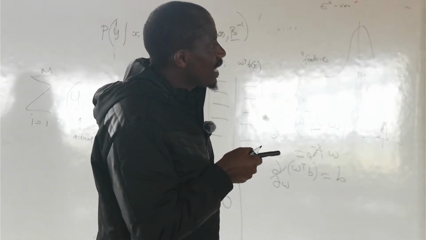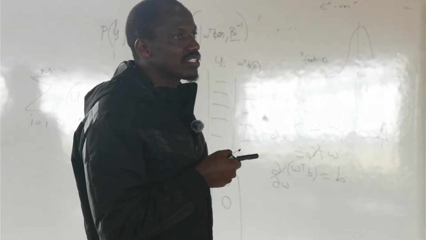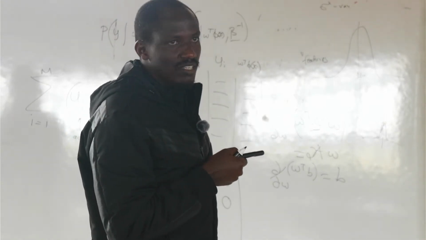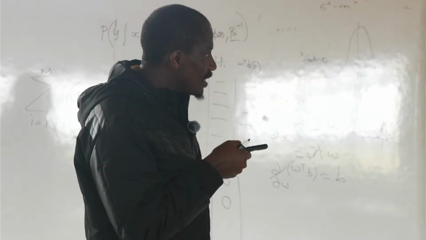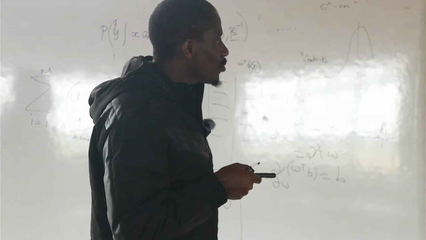And of course, this third term, y transpose y, disappears because it is not a function of w. You partially differentiate and the same term vanishes.